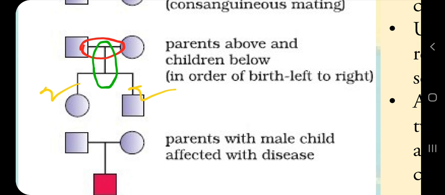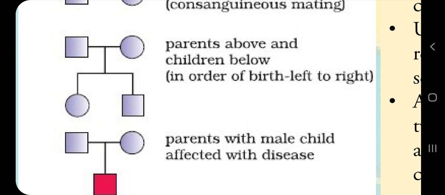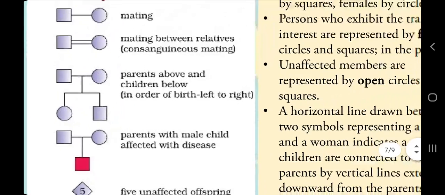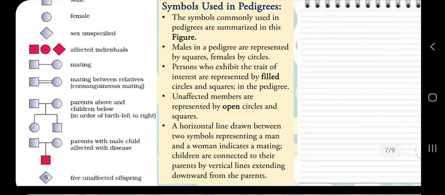Normally the character will be a disease. Now in the next picture we can see that these two unaffected parents, female and male, have one diseased son. So now we have an idea what these symbols represent.